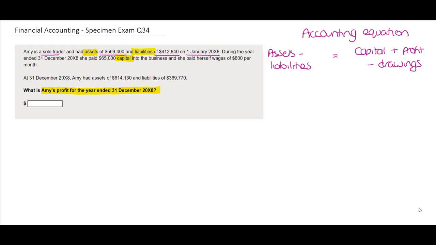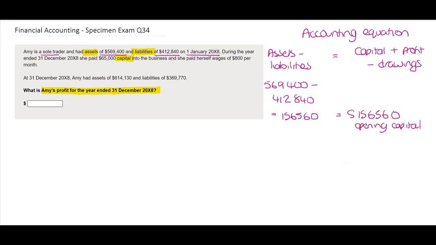Looking at our accounting equation, if we take the assets, which are $569,400, and deduct the liabilities of $412,840, this will equal $156,560.